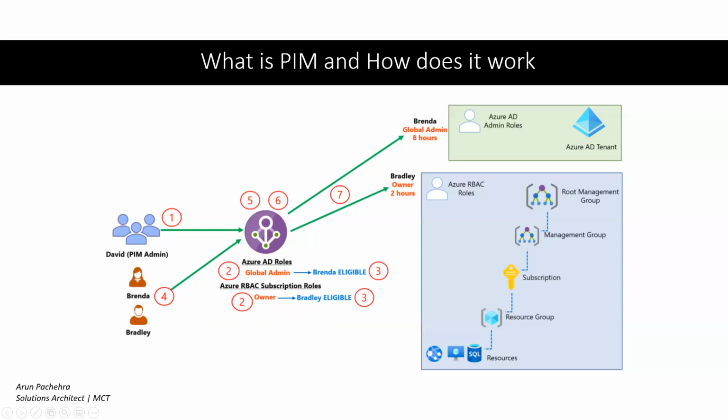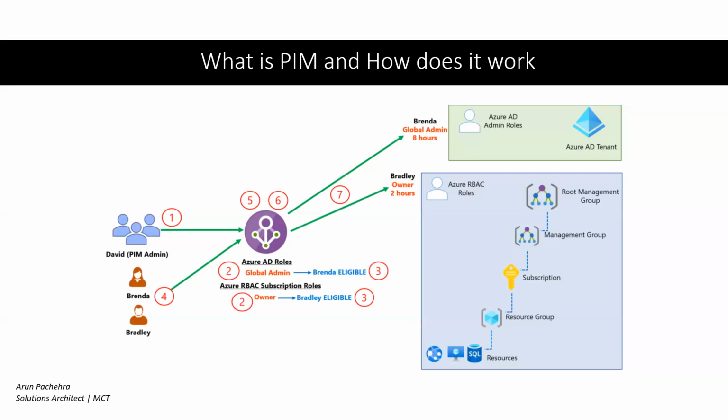So step one would be this: David will need administrative privileges in PIM to be able to complete this configuration process, right? Because if you do not have the access, how can you provide somebody else access? So you should have the administrative privileges in PIM. In step two, once the admin has the right privilege, they will need to onboard the roles that they want to protect into PIM.